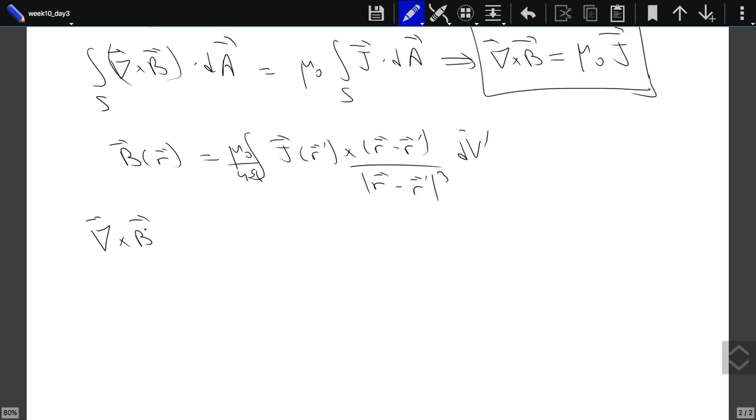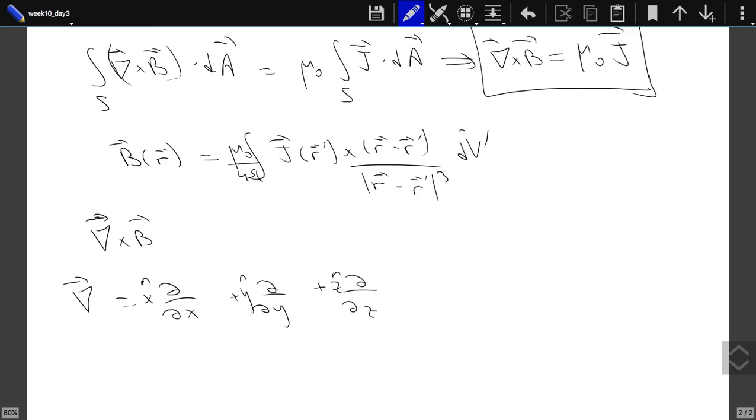Okay, just pay attention to something. When I'm talking about the curl, it will be this operator. It will be derivatives with respect to coordinates x in the x hat plus y in the y hat plus z in the z hat. Of course, you can just consider it in spherical, cylindrical, or whatever coordinates.